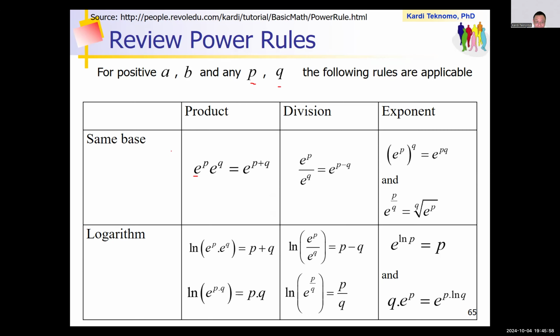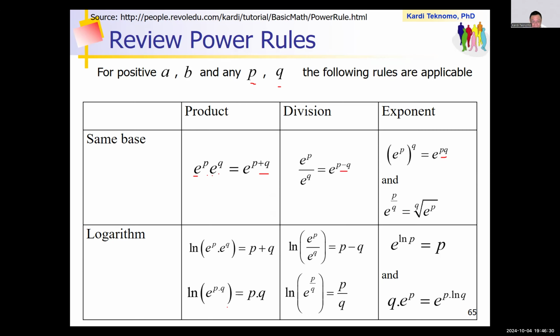If you have e exponent p multiplied by e exponent q, then the exponents you can add. The same thing, if you have e exponent p divided by e exponent q, then the exponents you subtract. But for an exponent of an exponent, you multiply.